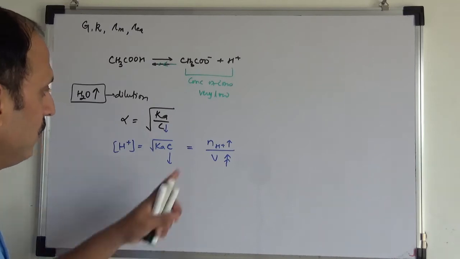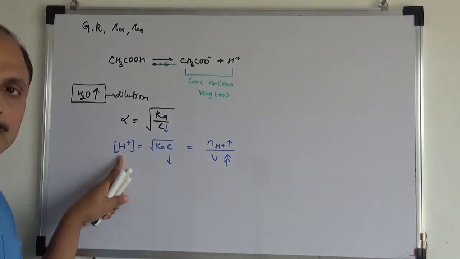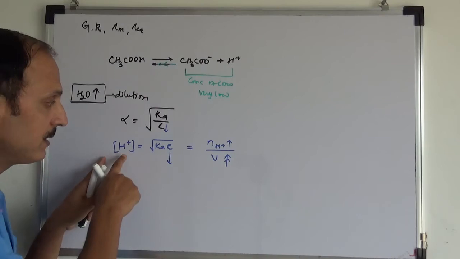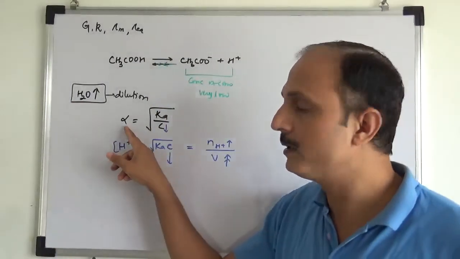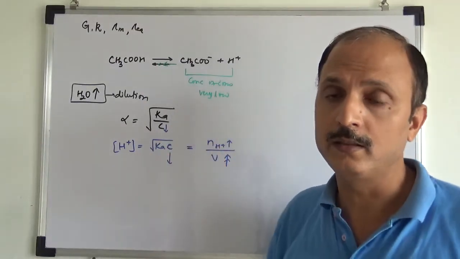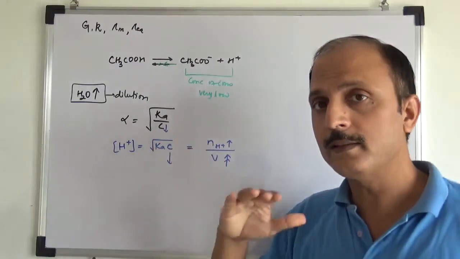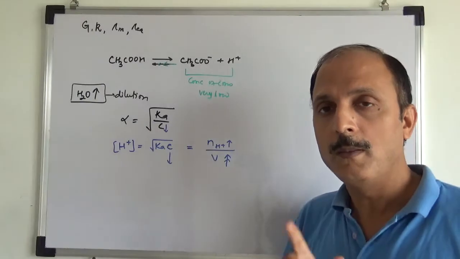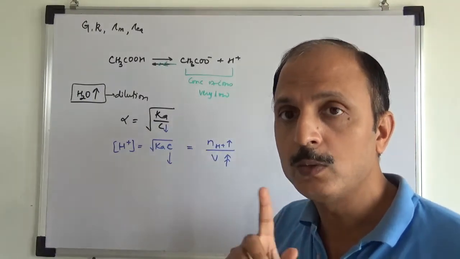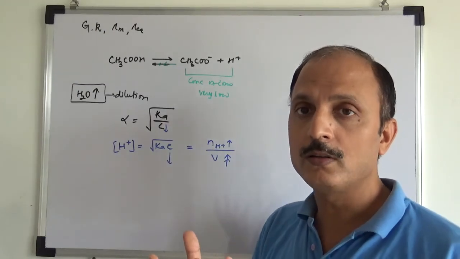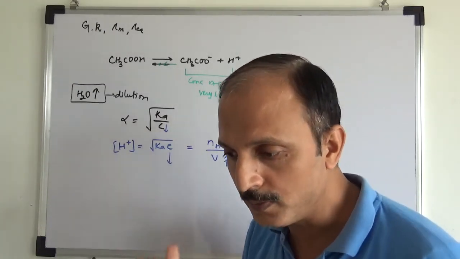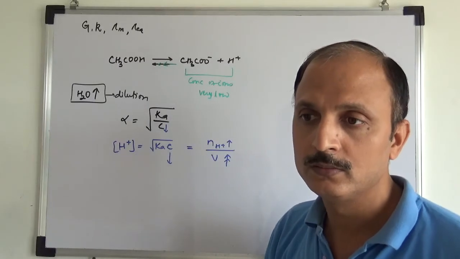Concentration is different from the number of ions. Alpha tells you the dissociation of ions. Dissociation of ions is increasing, that is true, but the concentration of those ions is going to decrease. Means the concentration of H plus will decrease, and the concentration of CH3COO minus will decrease.